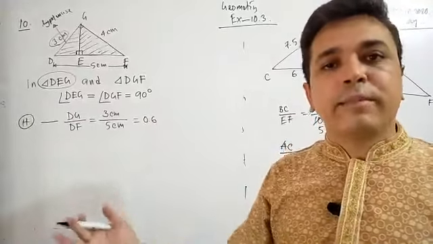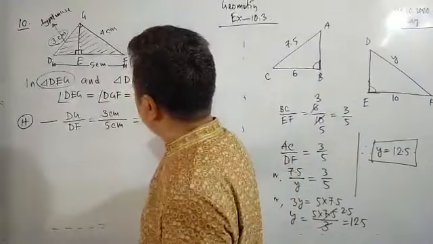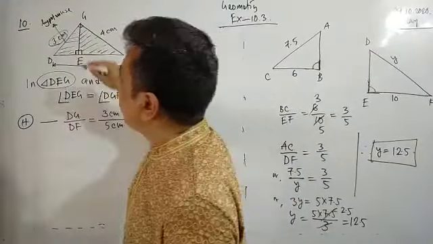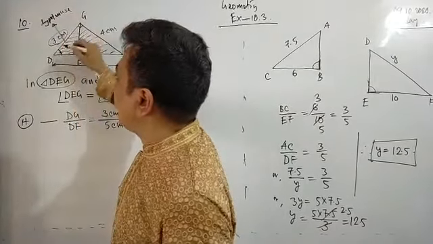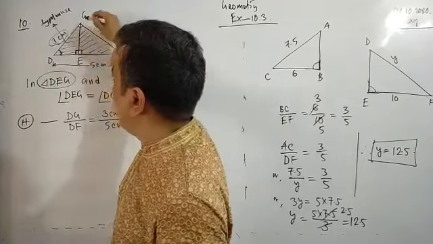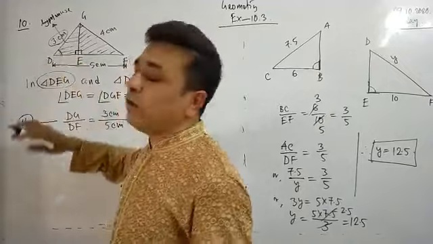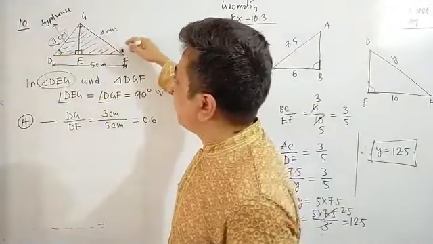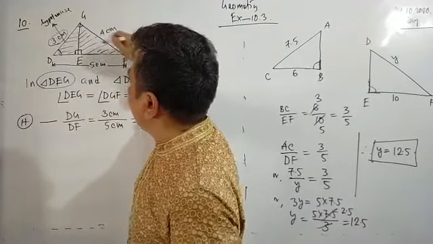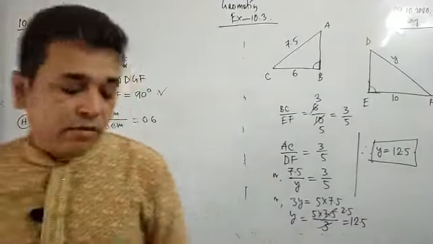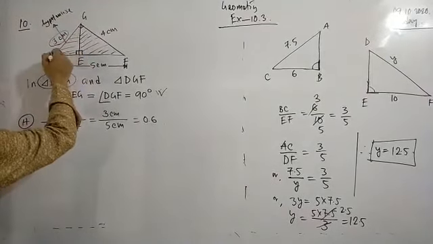We have to look at some other conditions to apply here. Already one angle we have found. Look at another angle here. This angle is the common angle for both of these triangles. For the small triangle, this angle here, and for the whole big triangle, this angle also here. For the big triangle this is FDG, and for the small triangle we can write EDG.